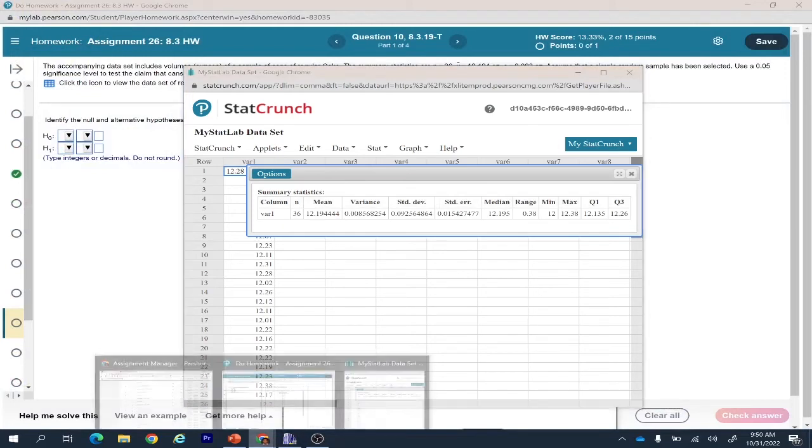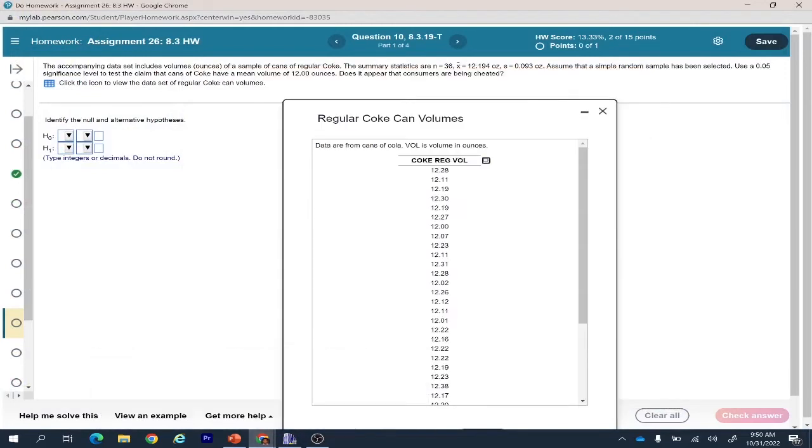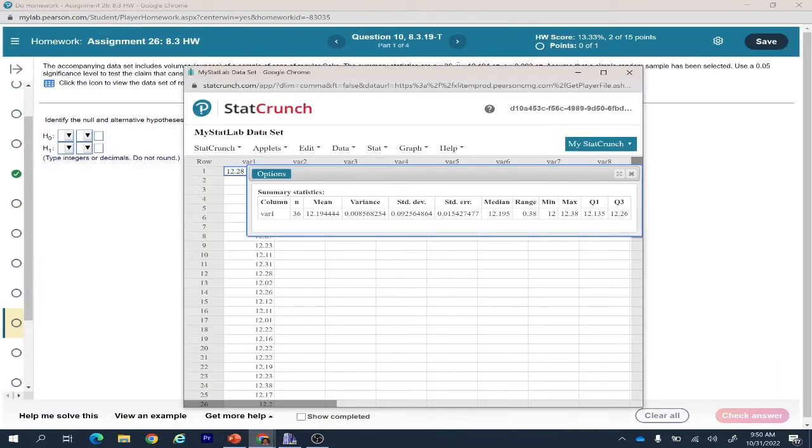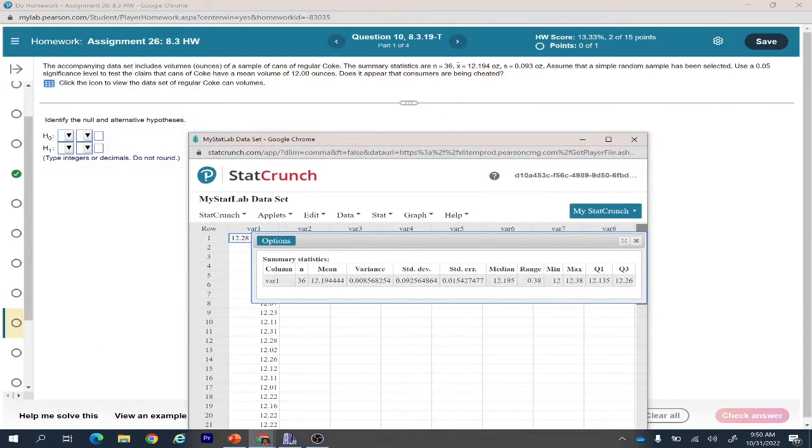As you can see here, it gives me the mean, which is 12.19. It's already given, but I'm just showing you how you can use StatCrunch. That's the sample mean.